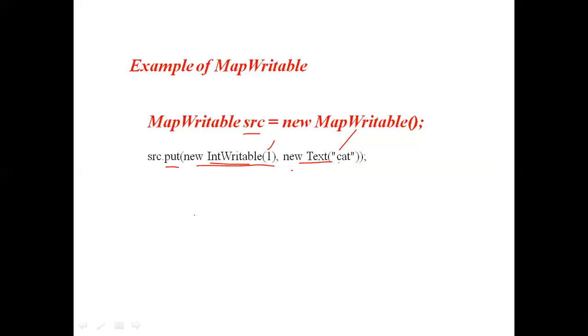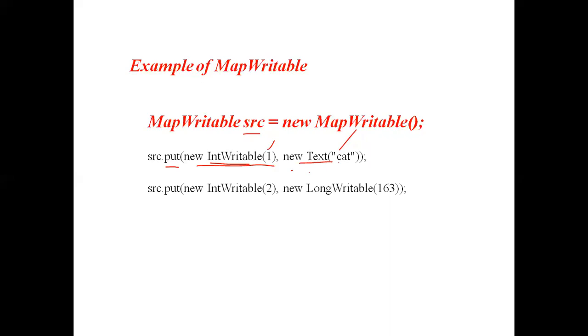Already we told: when we come to MapWritable, the key and the value must belong to Hadoop data types only, Hadoop Writable only. That's why we can't take Java int or Java String here. Similarly, if you want to place one more value, new IntWritable(2) comma new LongWritable(163), we can place this one. Clear. Like this, we can place values into the MapWritable.